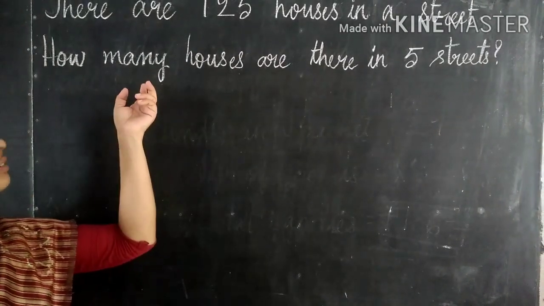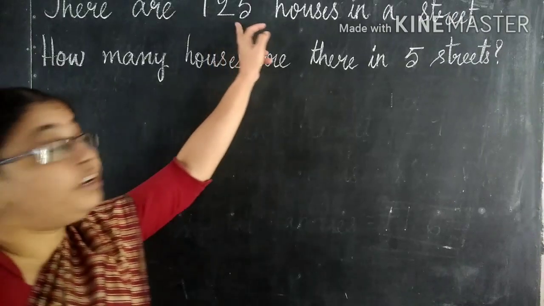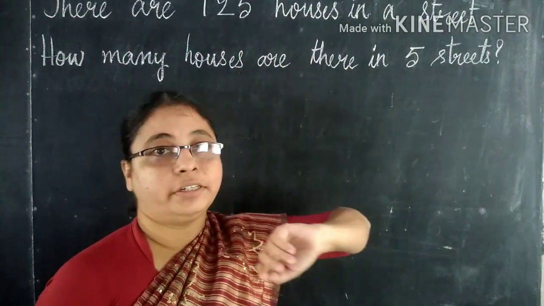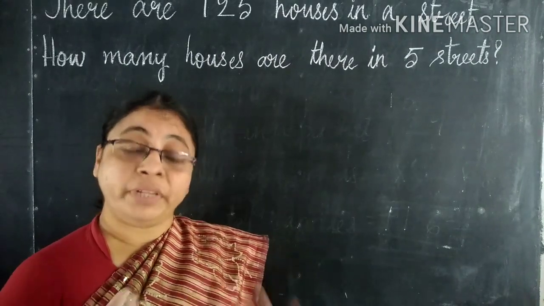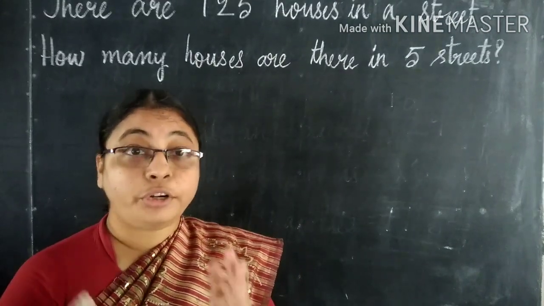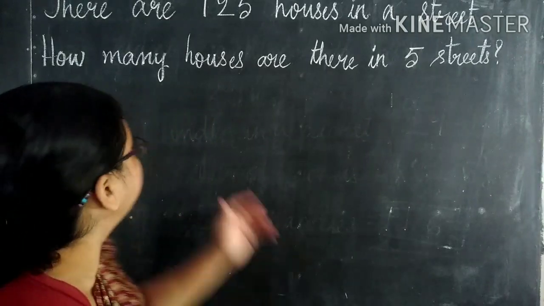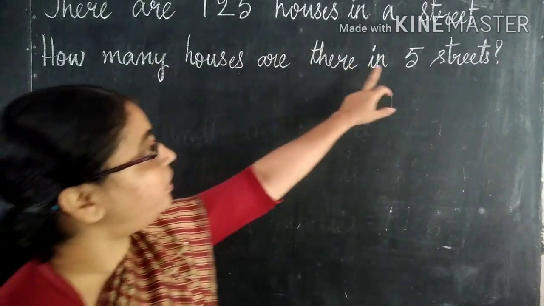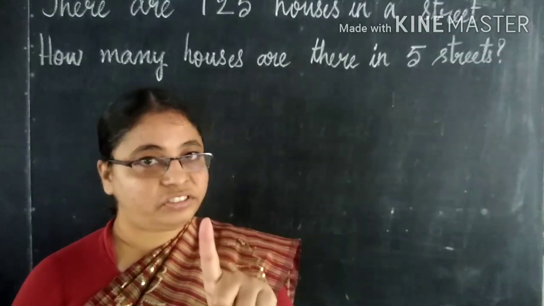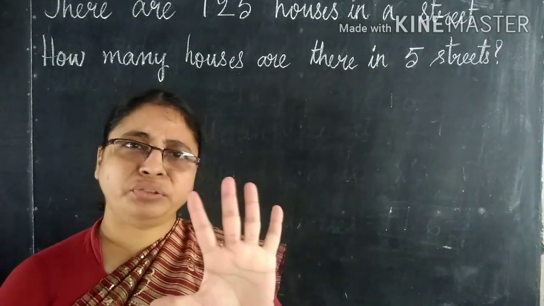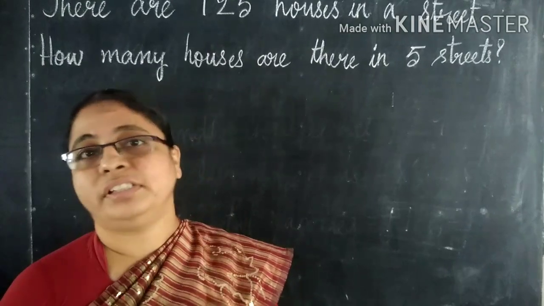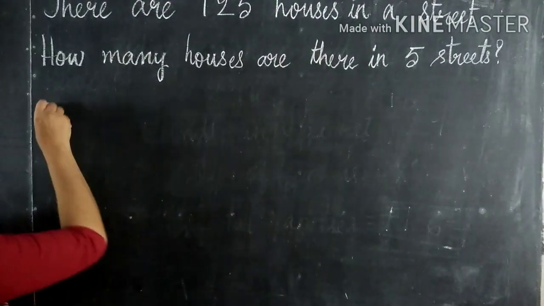If you look at this one, there are 125 houses in a street. Okay, there is a big street. In that street, how many houses are there? 125 houses are there. How many houses are there in 5 streets? One street, 125 houses. 5 streets, how many houses? Okay, solution.